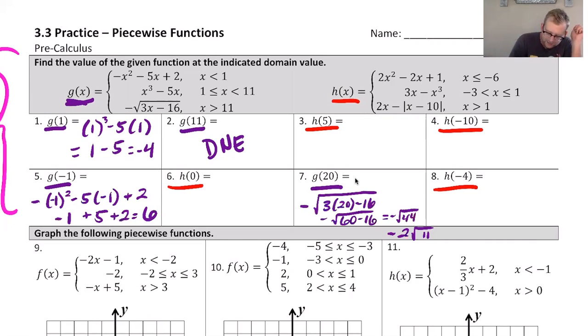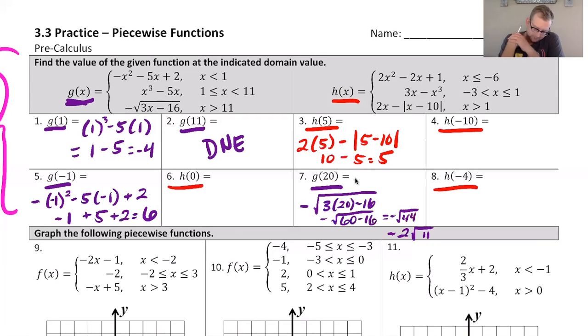So I'm gonna have 2 times 5 minus the absolute value of 5 minus 10. So I have 10 minus 5, which is 5. I did that really quick, so let me go back and check my work. So I have 2 times 5, which is 10. 5 minus 10 is negative 5. The absolute value of that is 5. Then we throw a negative in front of that. Yeah, I'm good to go.